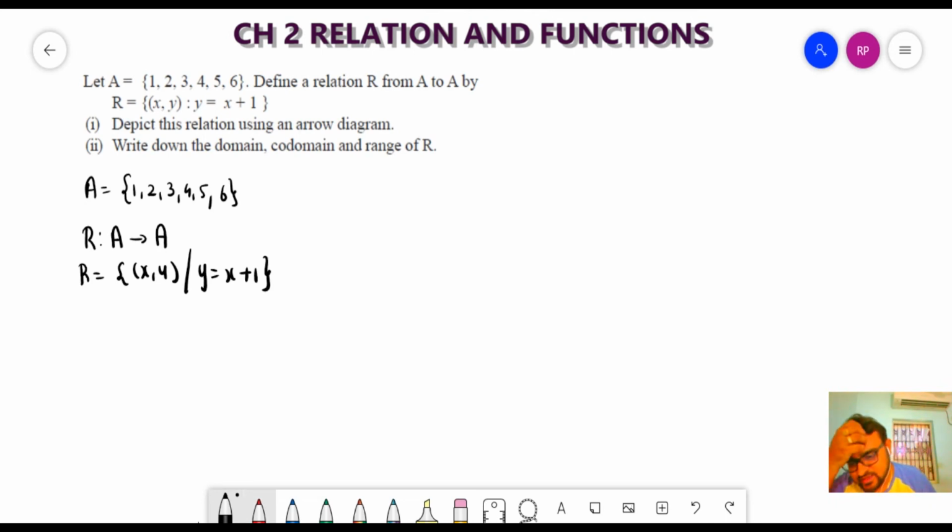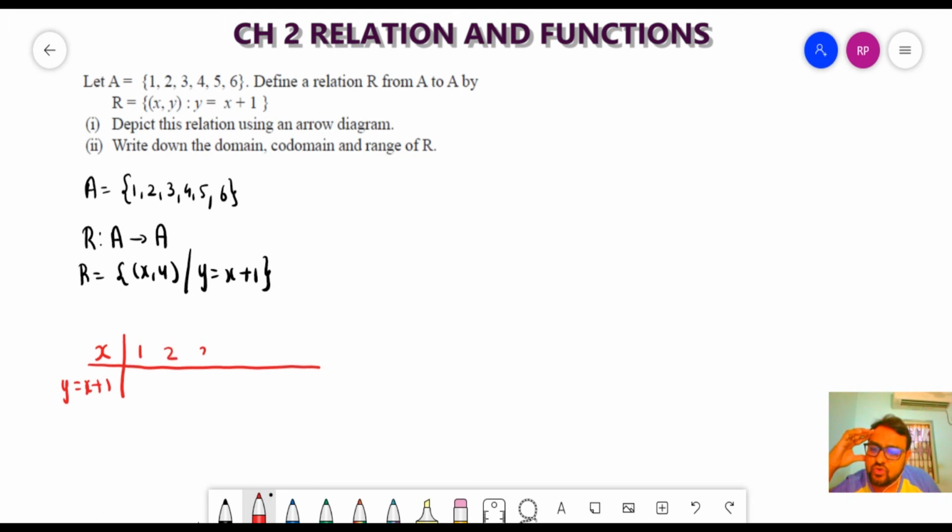So you have to define such a relation. So see here what I can do, x and y equal to x plus 1. Which values of x can I take? 1, 2, 3, 4, 5 and 6.